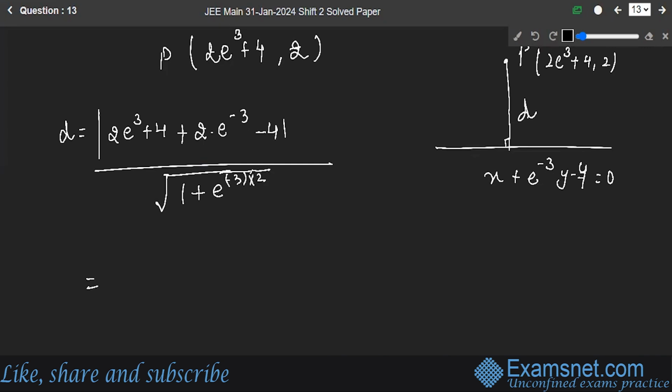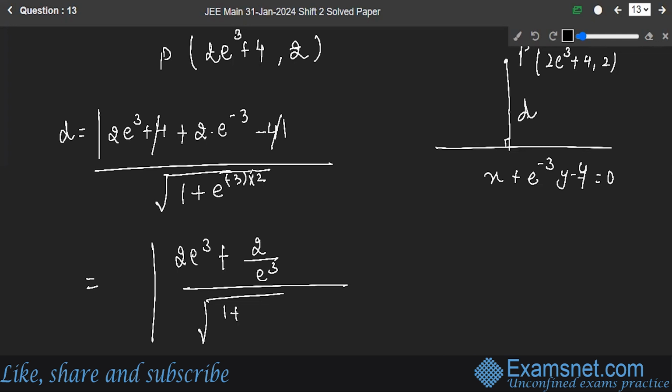On solving, let's write it clearly. This is 2e power 3 plus 4. This will cancel, so here will be plus 2 upon e power 3. This whole is 1 plus e power minus 6. So this is given by this. That's 2 taken outside.